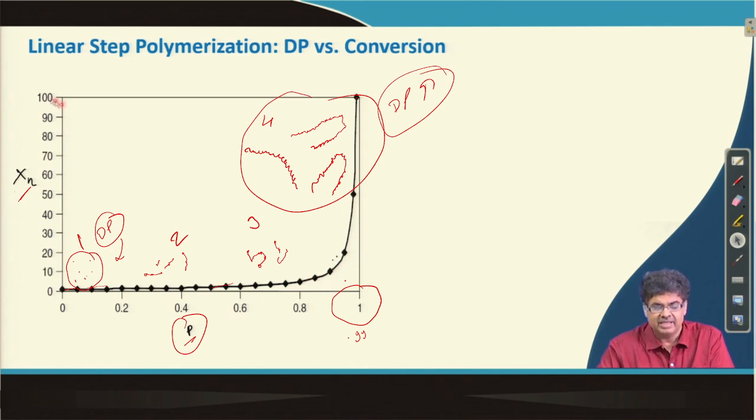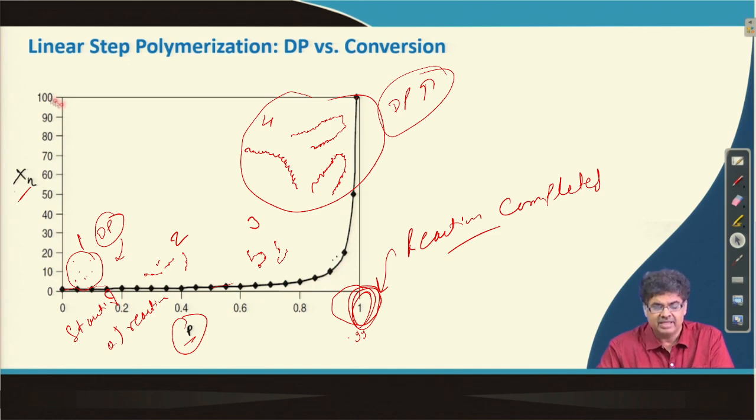Conversion of 0.99 means the reaction is completed here, and here is the starting of the reaction. At the start, small molecules react so the DP does not change significantly.